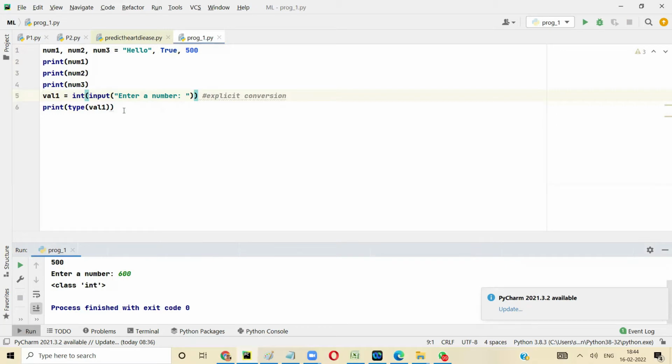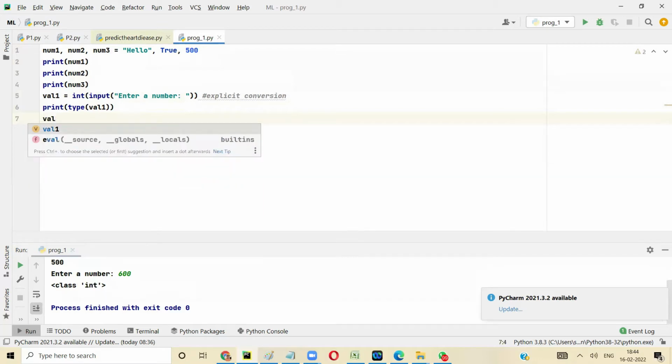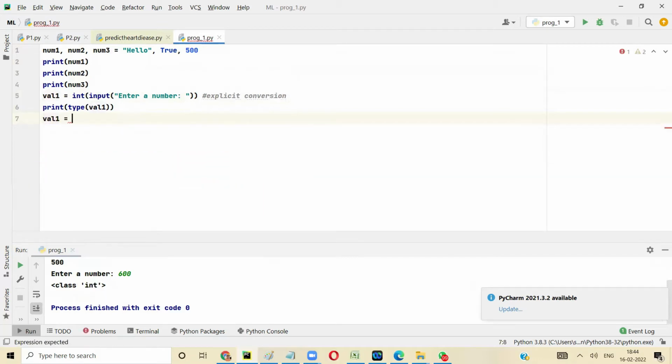We also sometimes have implicit conversion. That means values are automatically converted. Let's say I put val1 equal to 600, and val2 equal to 400.0. What is the type of val1? Val1 is integer and val2 is float.